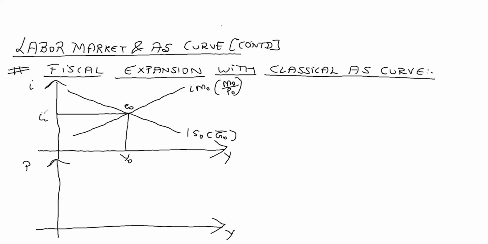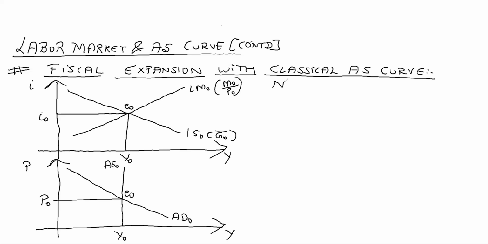Y0, I0. Now we are in the classical economy, so my aggregate supply curve is vertical and my demand curve is downward sloping. So this is our initial diagram.